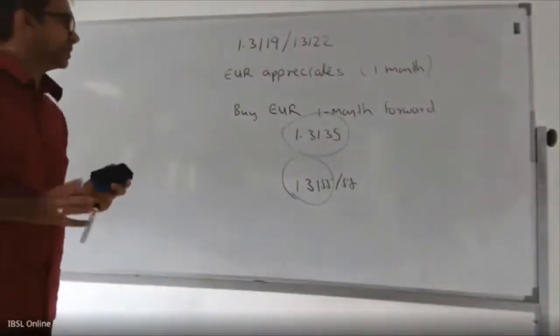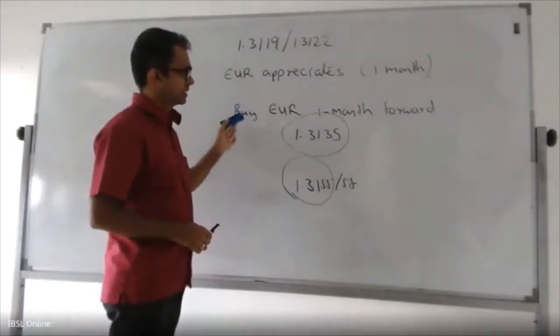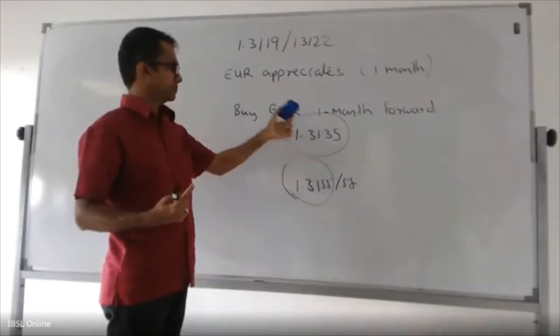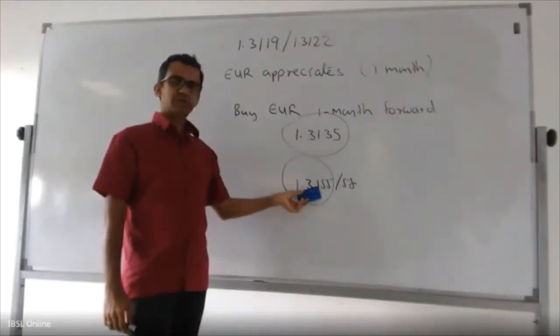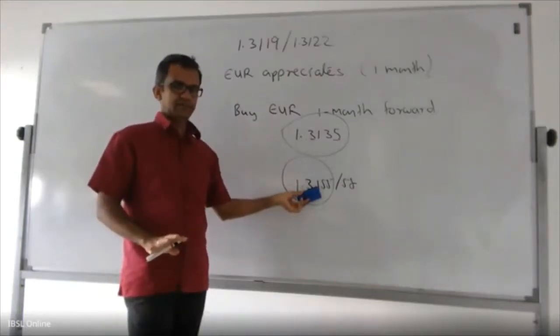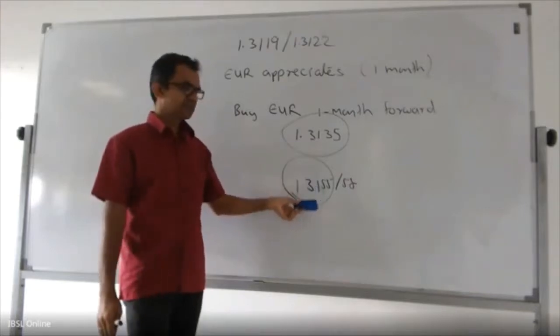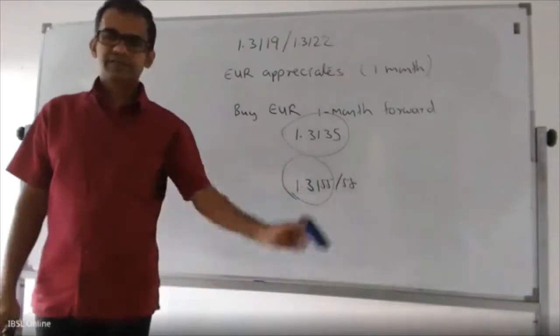Whether it's realized or unrealized, that depends. To honor this forward transaction, you pay 1.3135 to buy 1 euro, but the market price is this. If you still hold on to your euros, it would be an unrealized profit. Your profit may change with fluctuations of the exchange rate hereafter.